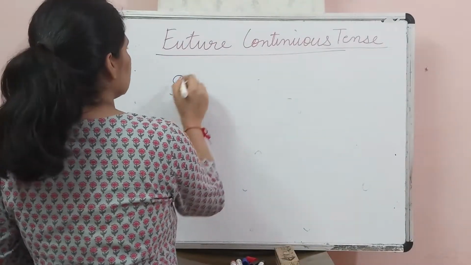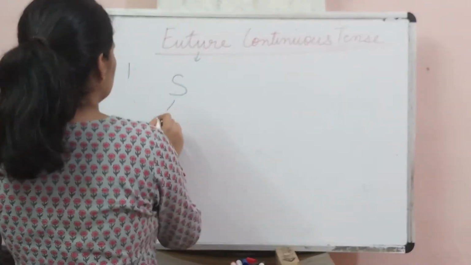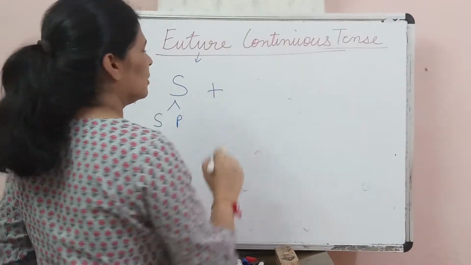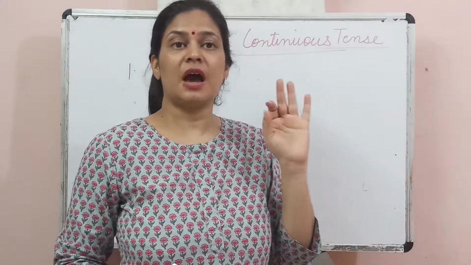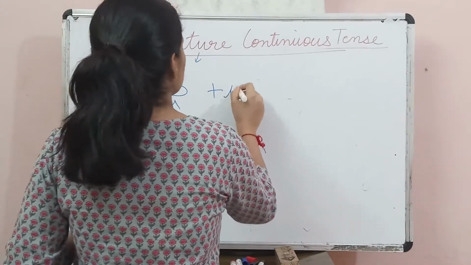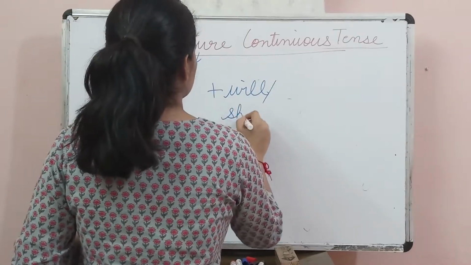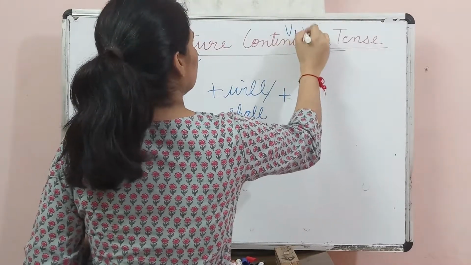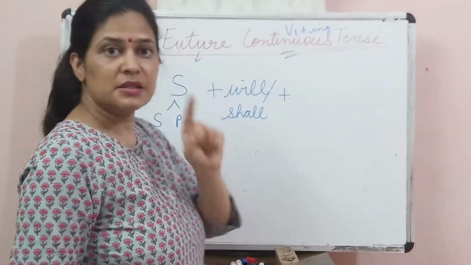Subject, that is future. We know that subject can be singular or plural. Then we require a helping verb, and in all the future tenses we will have will and shall as helping verbs. So it is will or it can be shall. Then one more word is required before we can add the V1 plus ing for the continuous, and that is be.